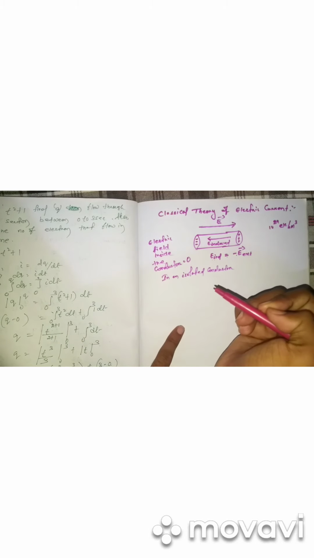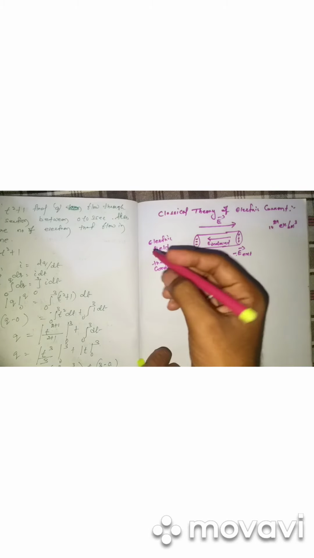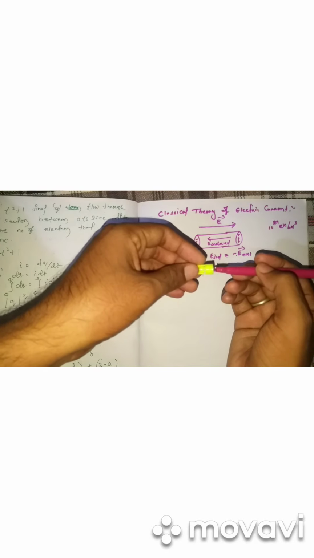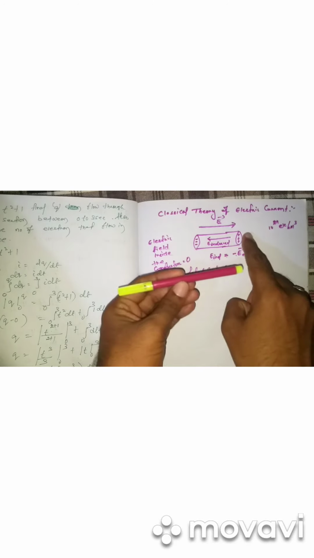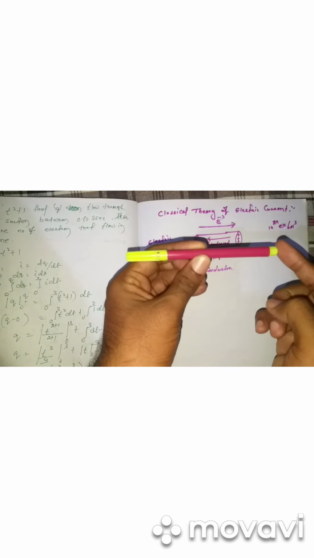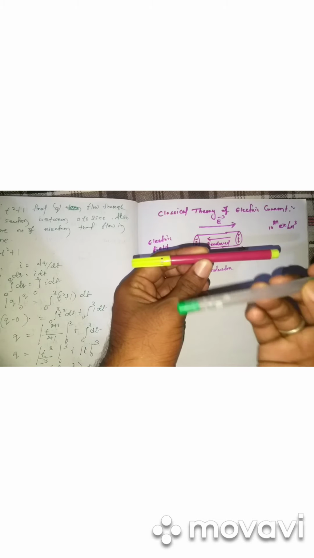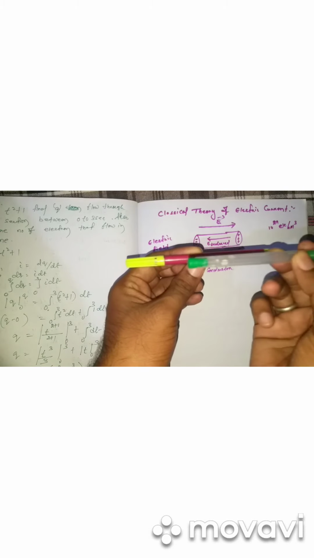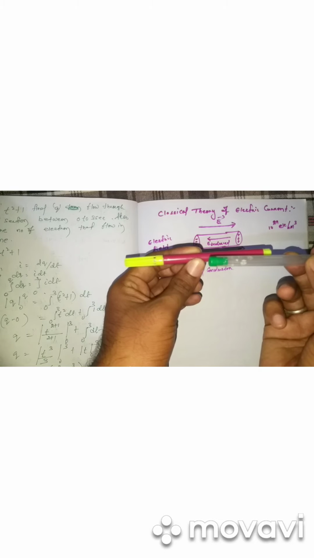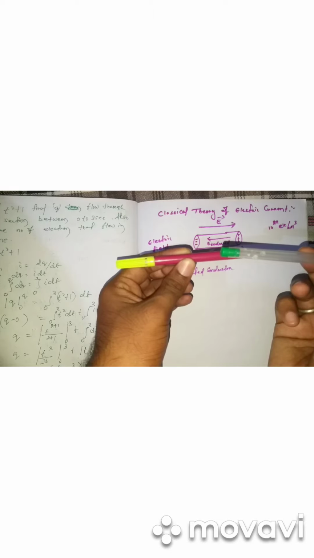As we know, electric field is a vector quantity, so the induced electric field points from positive to negative in that direction, and oppositely the external electric field points in that direction. Therefore the total electric field is zero. Clear? This is only applicable in an isolated conductor.